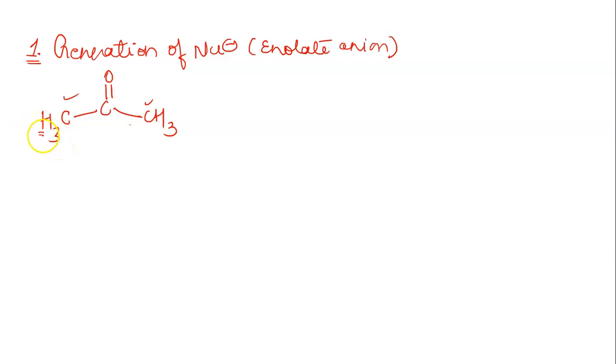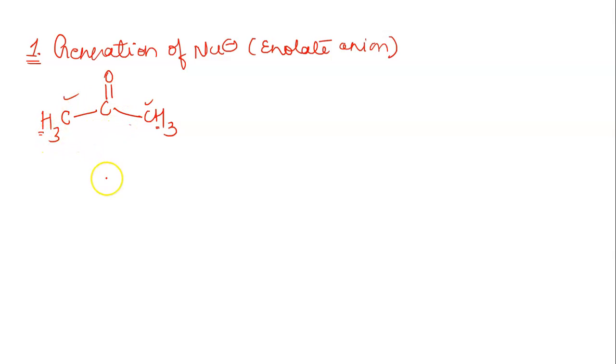So we can see that these hydrogens are electron deficient, and because of the presence of the carbonyl group, these hydrogens will attain a slight acidic character. So these alpha hydrogens are actually slightly acidic.